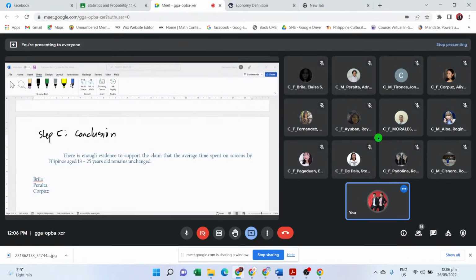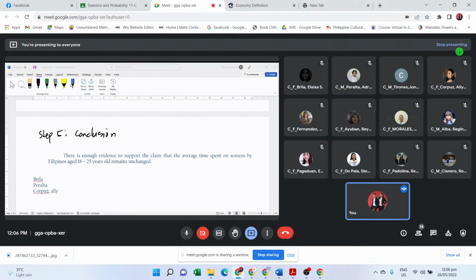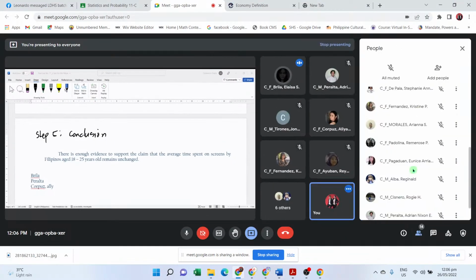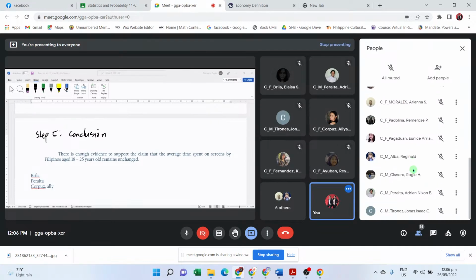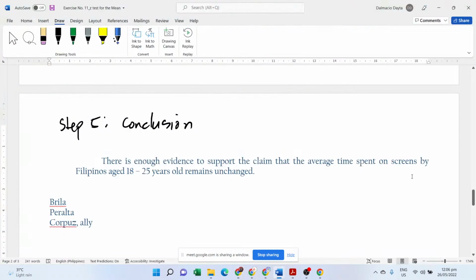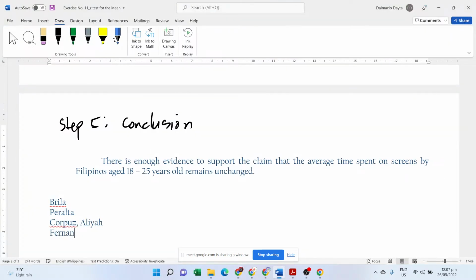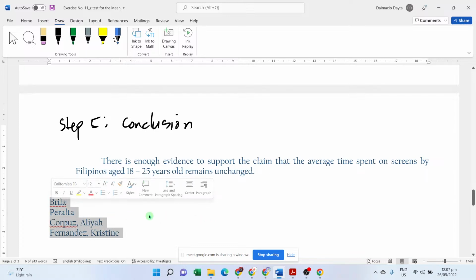Corpus, Aliyah, tama ba ako? Aliyah ba yon? Opo. Ano spelling nung Aliyah, Corpus? ALIY. Yan. Opo, yun po. Tapos yung pang-apat, may isa pa eh. Fernandez, Christine. Okay. So, ito na yung apat na to, no? Hindi na tayo mag-online relay.